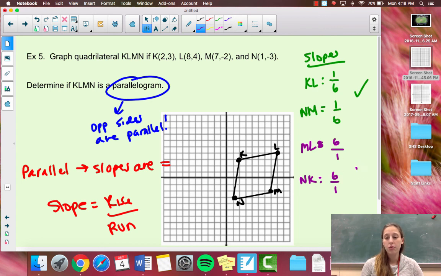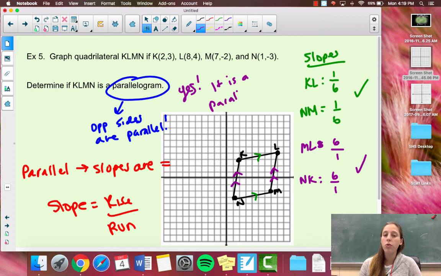So these are both the same slopes. So if the opposite pairs are the same slopes, then I can say they are parallel. Okay, so those are parallel, and then my other sides are parallel. I'll put 2 arrows on them. And remember, parallelograms by definition have opposite sides that are parallel. So if the opposite sides are parallel, then yes, it is a parallelogram.